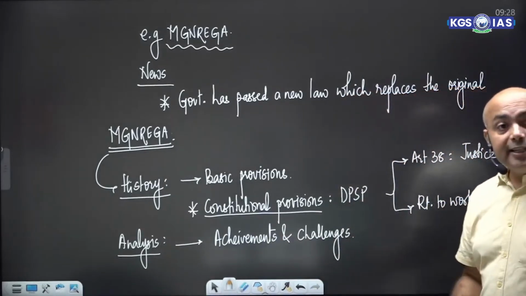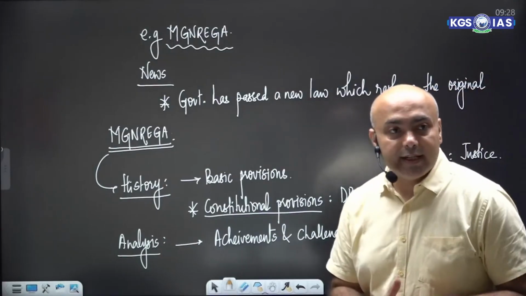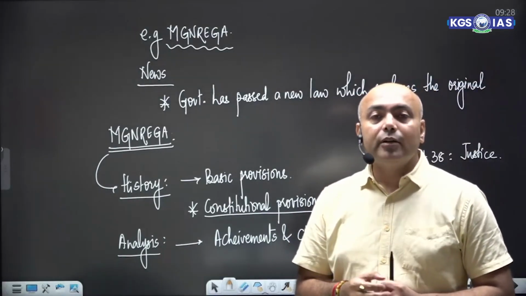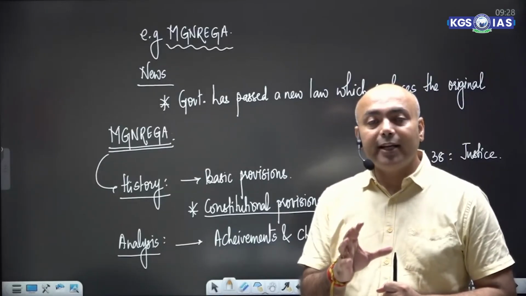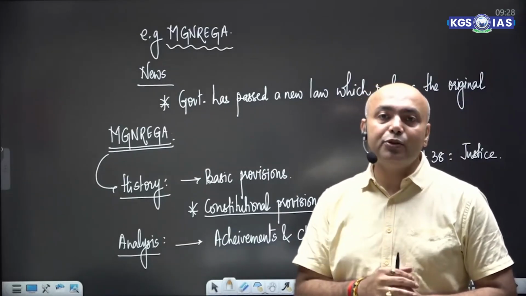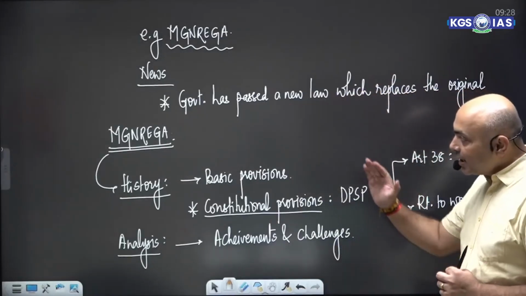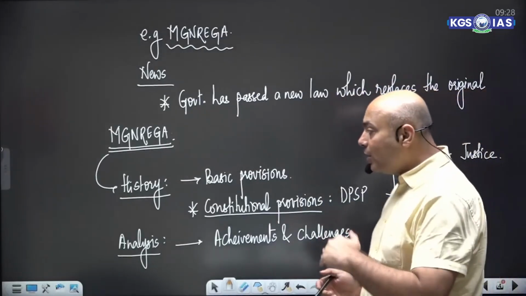ठीक है, ये आपको पता होना चाहिए कि ओके, what were the achievements of MG Narega, what are the problems that were there with respect to implementation of MG Narega, ये आपको पता होना चाहिए। ठीक है, अब इसके अलावा अब क्या हुआ?